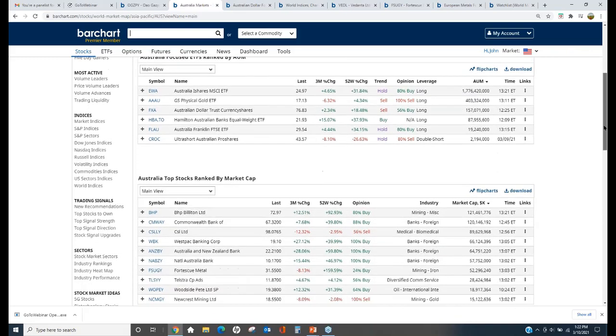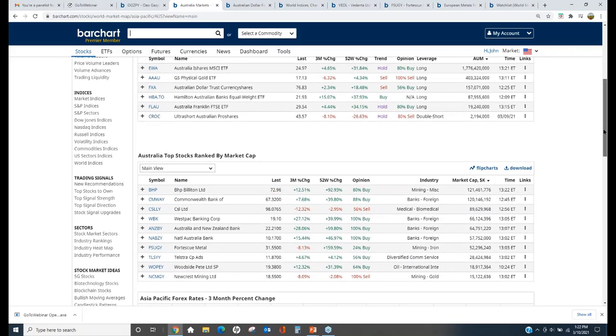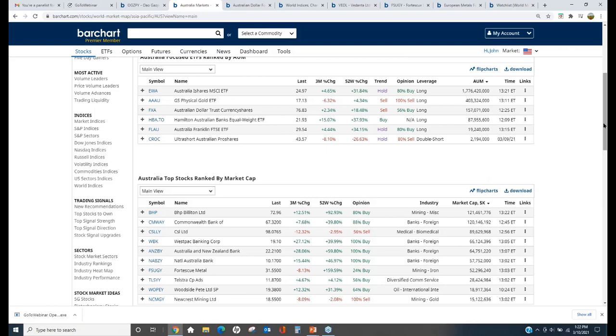But again, if I wanted to drill down a little bit more, I could go into individual stocks, some of these larger cap stocks that are represented by Australia, looking for those trading opportunities. And again, look at the performance of them over, let's say, the last 3 months or the last year. And the one that kind of jumps right out at me is this metals company that is in the iron business.